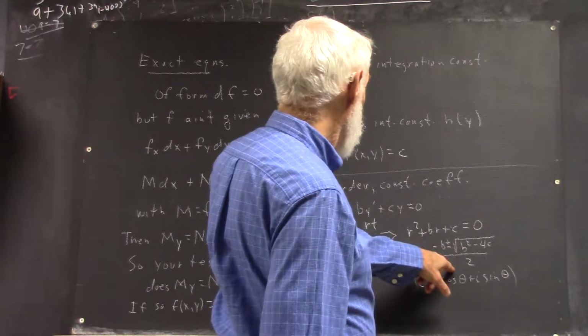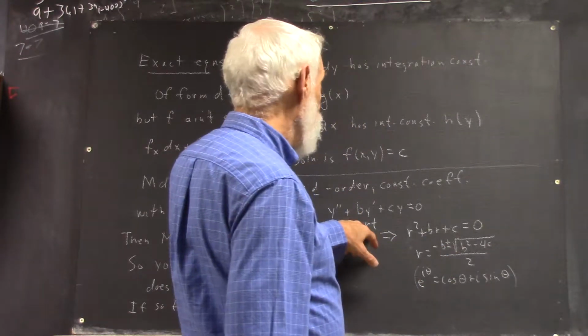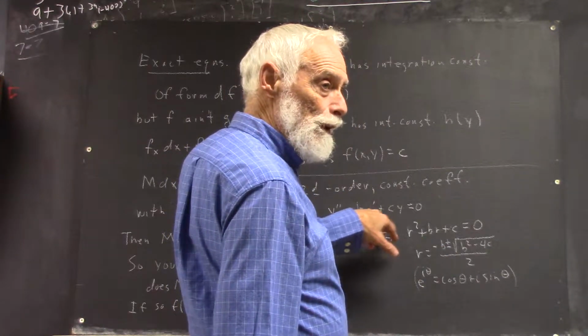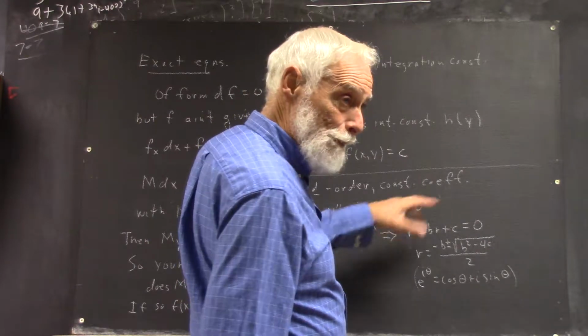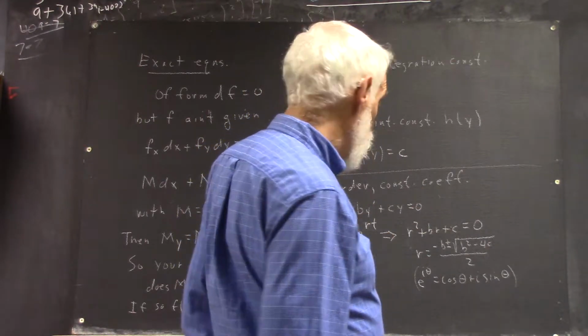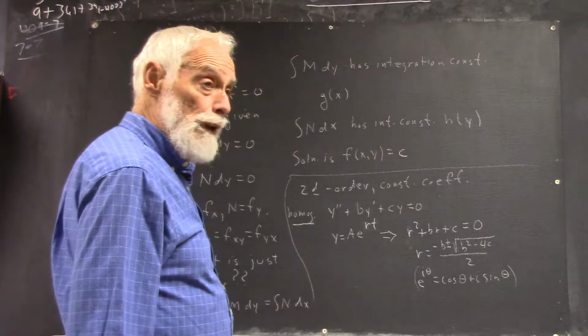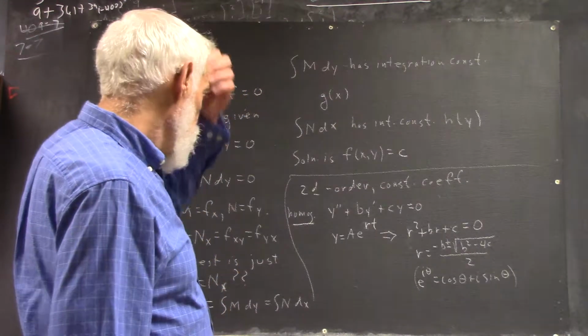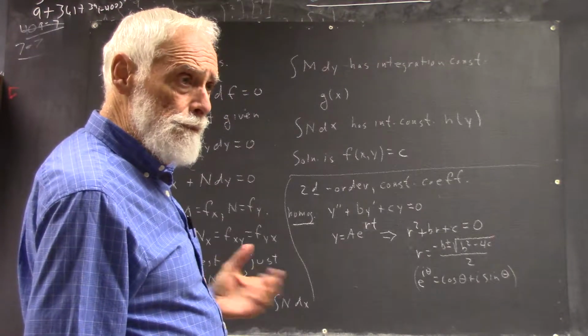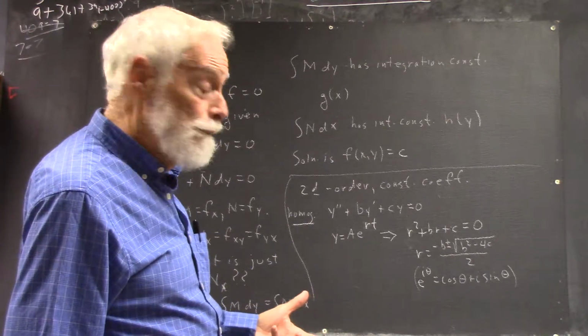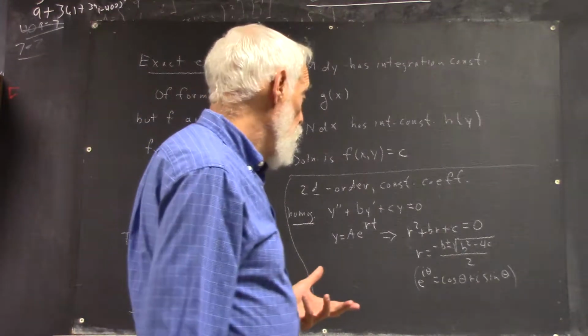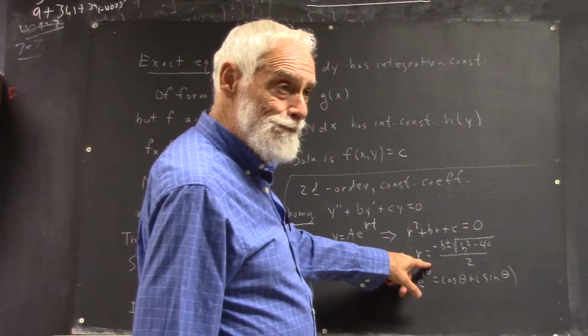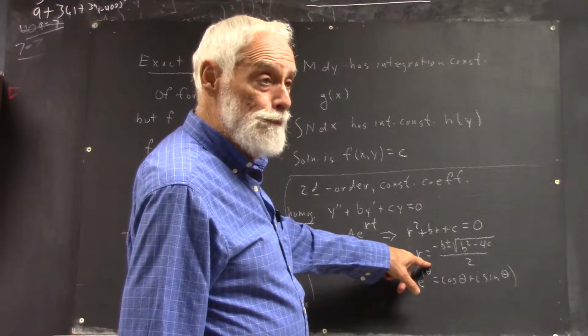Then when you plug it in, you're going to have an A e to some number plus some imaginary number, right, times t. And you got to know how to deal with that, okay? And we've done the two simple cases, okay, where you have two solutions that are different.